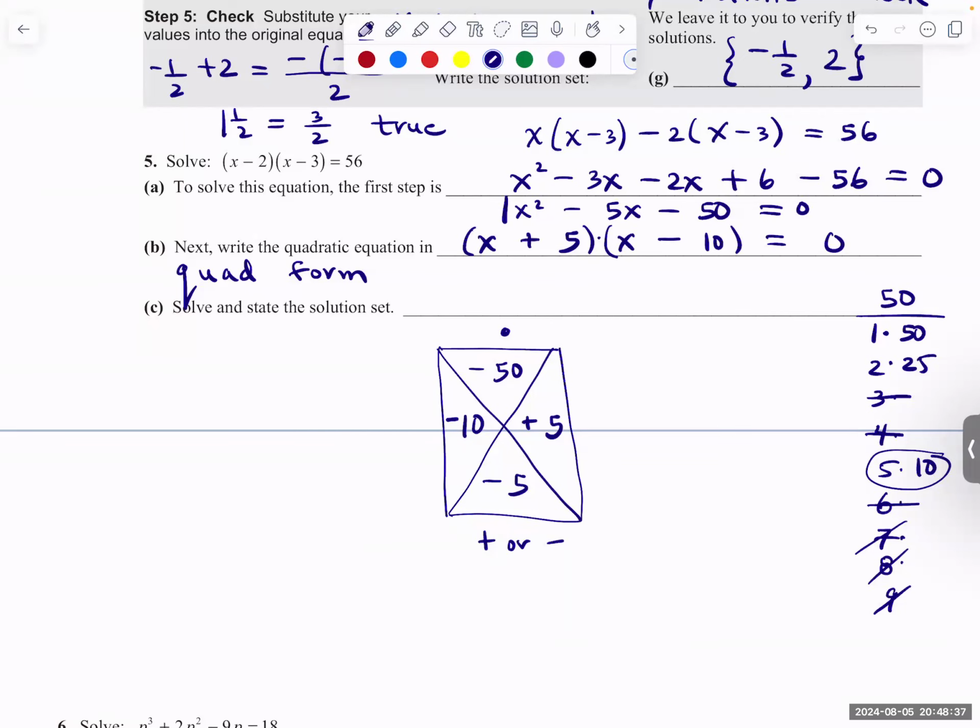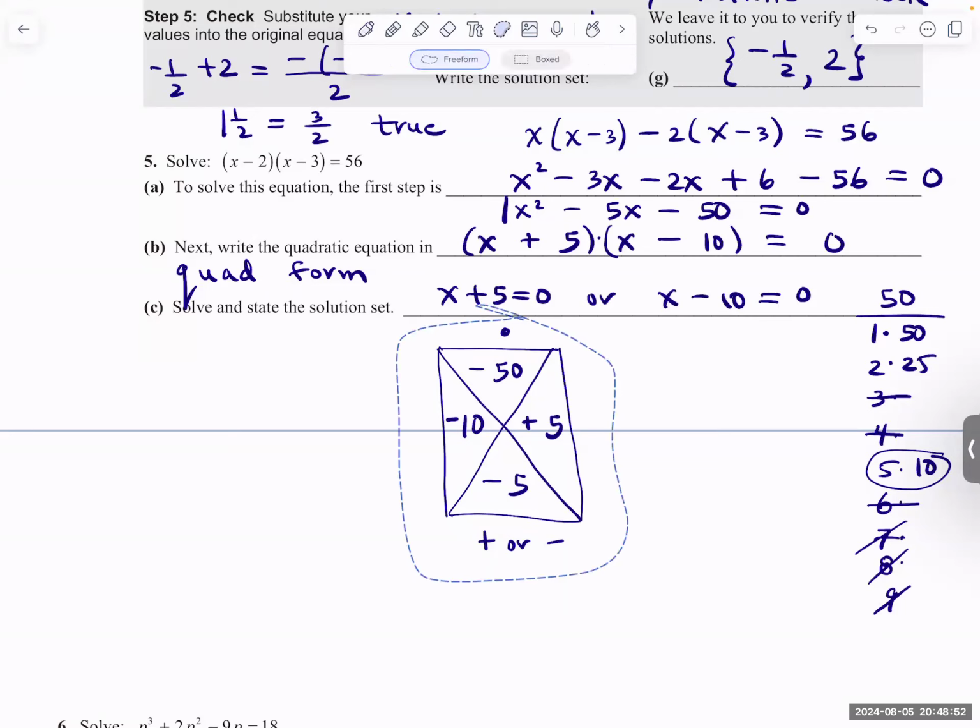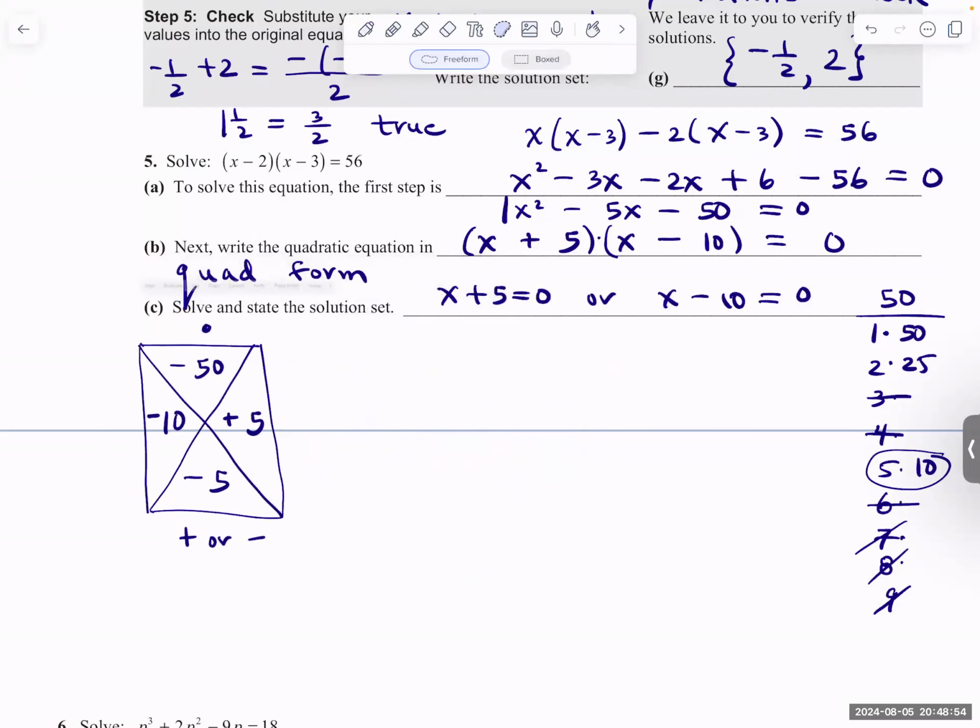And when you multiply it out, you do get negative 50. So either x plus 5 equals 0 or x minus 10 equals 0. And then we just continue solving. x equals negative 5 or x equals 10.